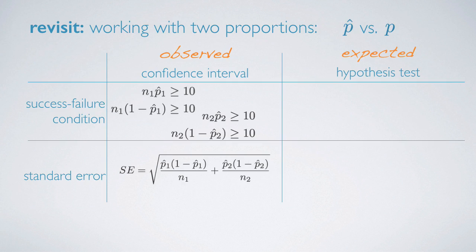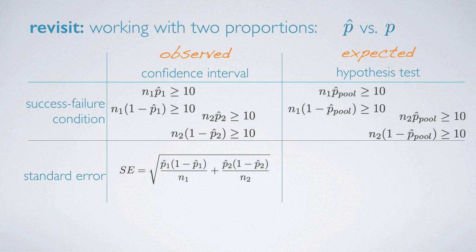So now that we have a good estimate for a common proportion for the two groups, we can actually revisit the chart we were working with earlier and see how we can calculate our success-failure condition and our standard error for doing a hypothesis test for comparing two population proportions. For the success-failure condition for both of the groups, we actually use this p hat pooled value to calculate the expected number of successes and expected number of failures.